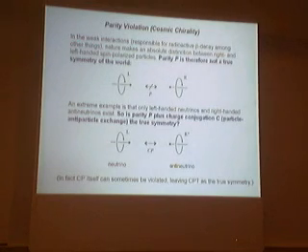In the weak interactions responsible for radioactive decay, among other things, radioactive beta decay, emission of beta particles, is mediated by the weak interaction. Nature makes an absolute distinction between right and left-handed spin polarized electrons. Beta decay is characterized by, I can't remember which way round it is, left-handed electrons or right-handed positrons.